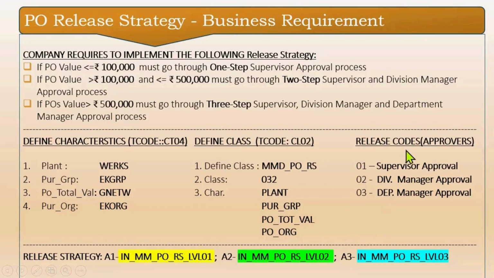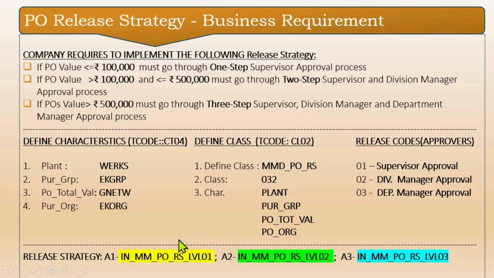Then we'll create the release codes up to 3 levels. Here, let me just remind you, up to 8 levels is allowed. 8 levels of approvals can be built in the purchase order release strategy. That's the maximum allowed.